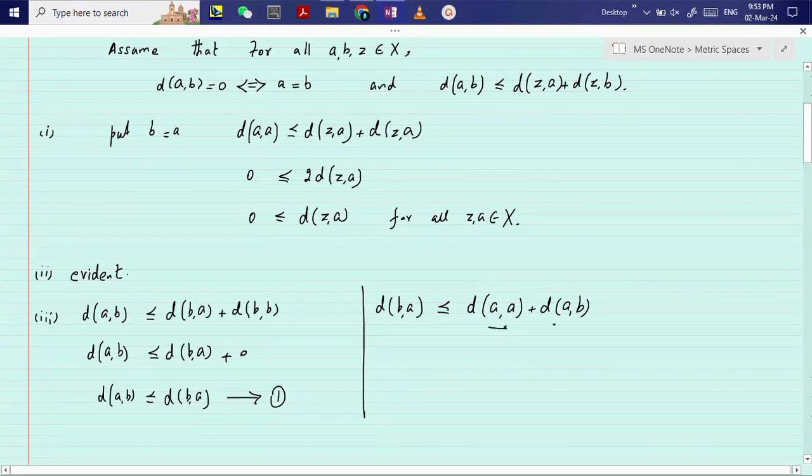Z is the element A. By using this inequality, we have D of BA is less than or equal to D of AA plus D of AB.